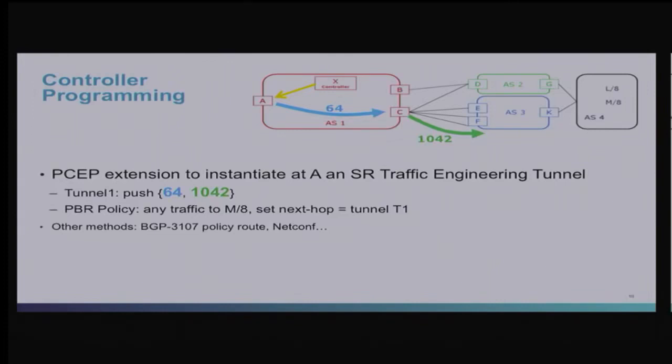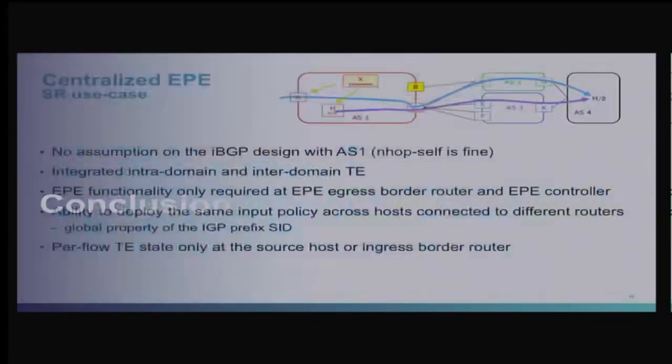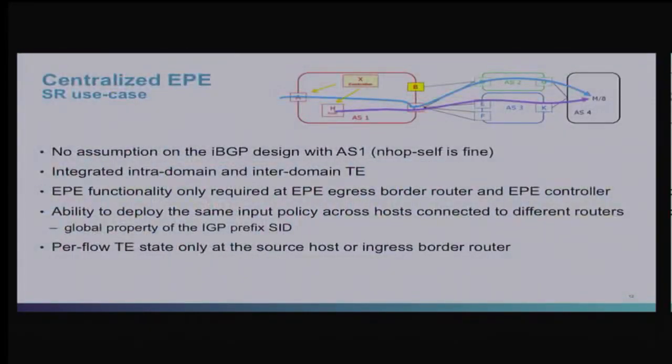realized. Conclusion? We basically achieve the goal of allowing a traffic engineering decision on a per flow basis with the state only programmed at the entry, at the ingress border router or directly at a host where the content is sourced from.